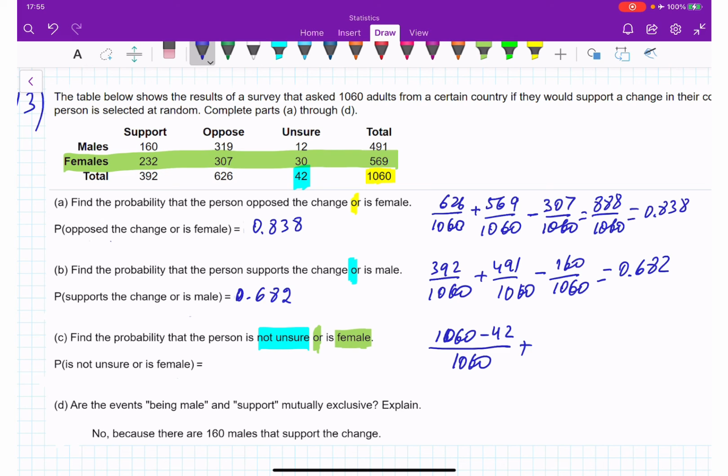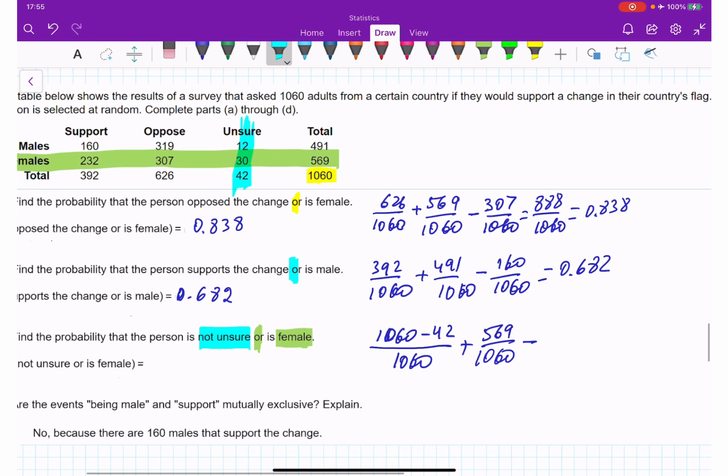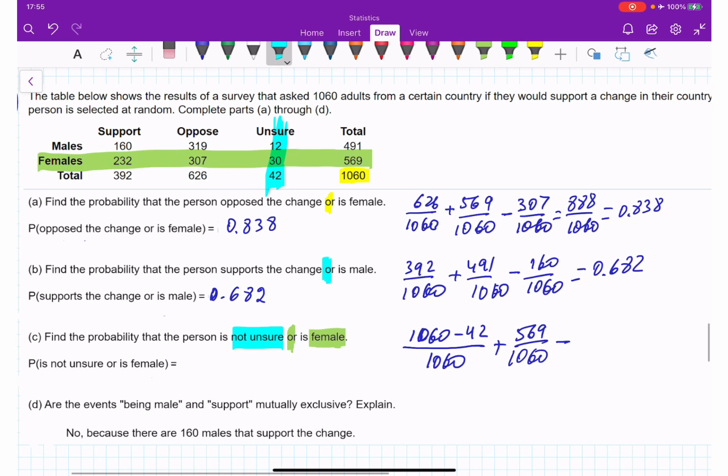569 plus 569 over 1060, and minus how much we have? 569, it's female. It says not unsure or is female. So is female 569, and I'm going to do minus 569 minus this 30.